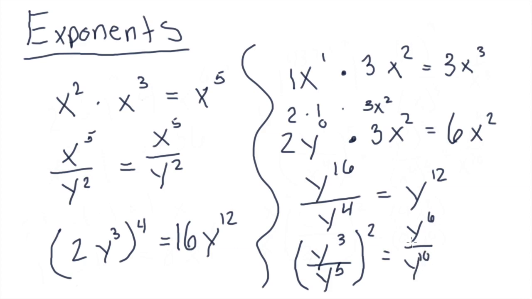And now we still have the same base. Both the top and the bottom have a base of y. So that means that we can subtract the exponents to simplify this problem. Because y is bigger on the bottom, that means our terms are going to remain on the bottom. So we would do 10 minus 6, and we would get 1 over y to the 4th.